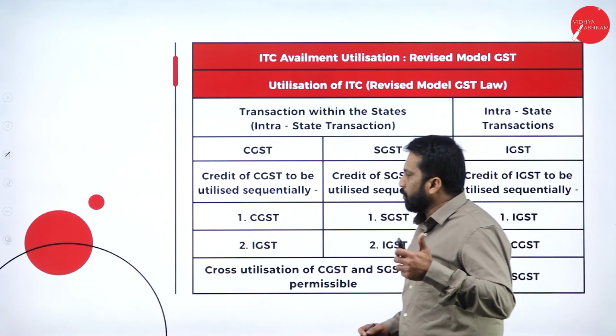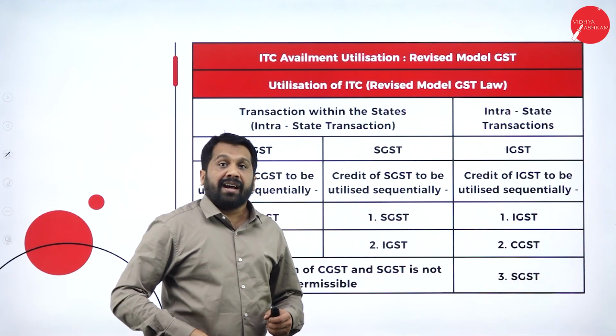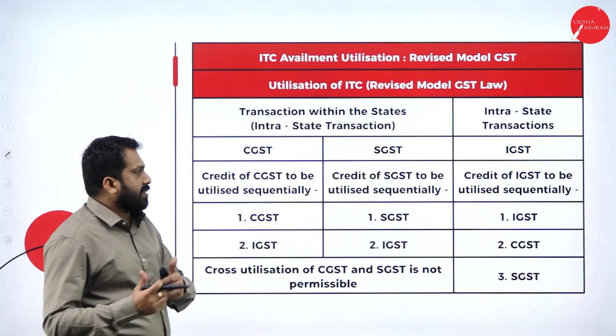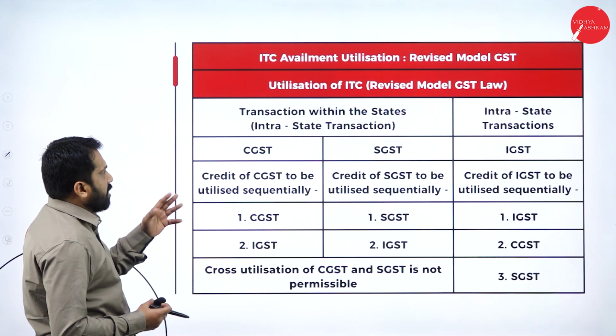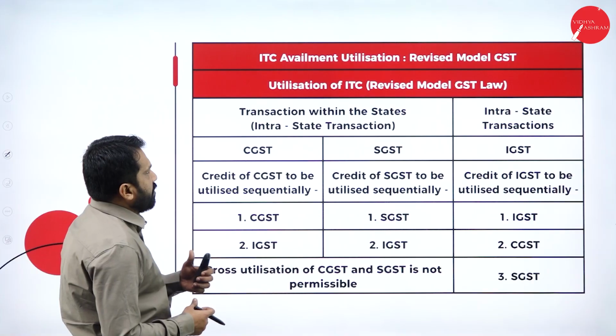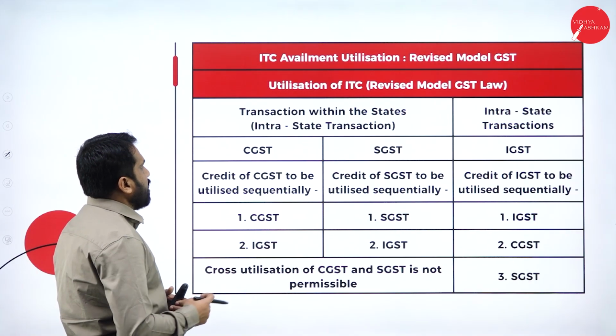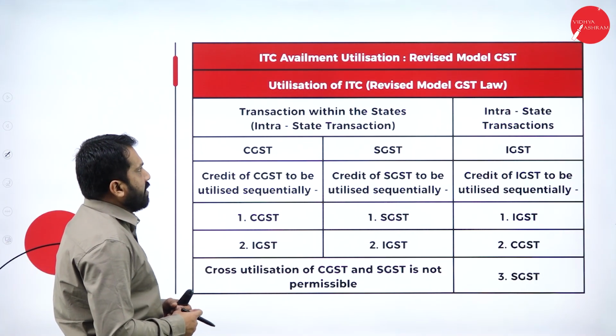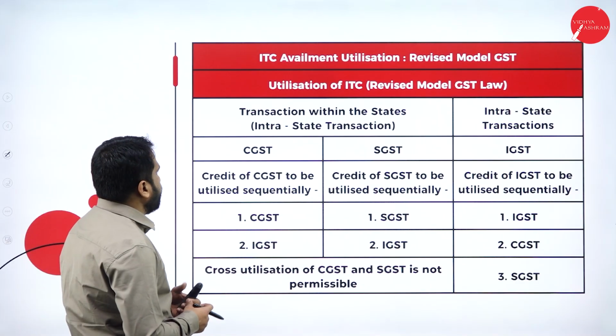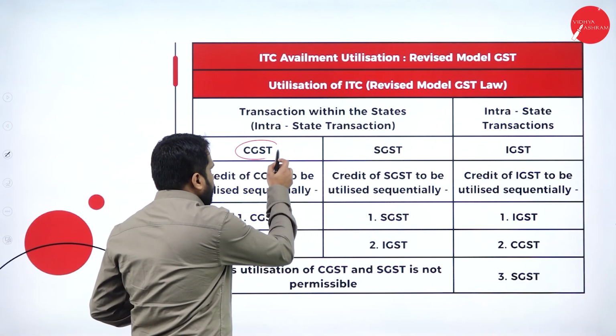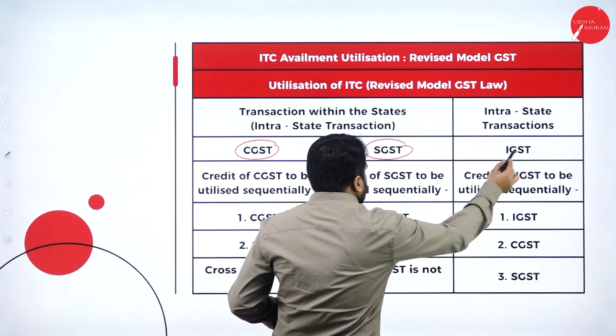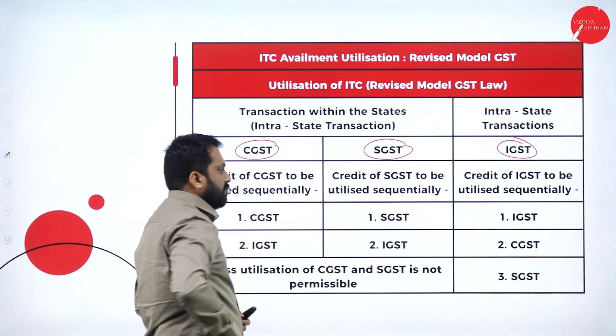Now, we'll go with one problem so that you will understand input tax credit clearly. Before that, we'll understand ITC availment and utilization, utilization of ITC under the revised model GST law. Now, if you have CGST, SGST and IGST.